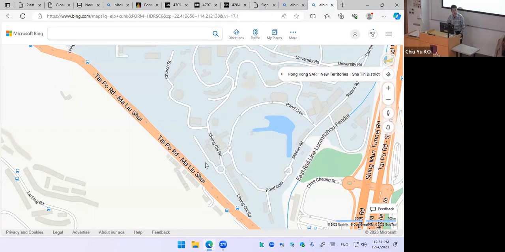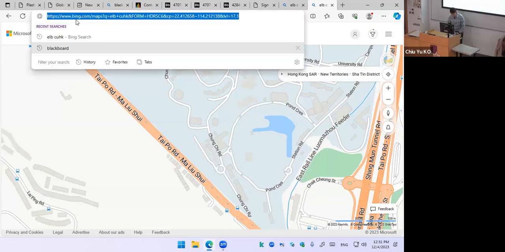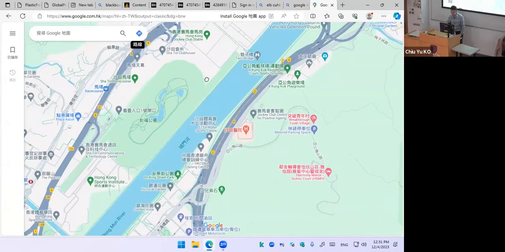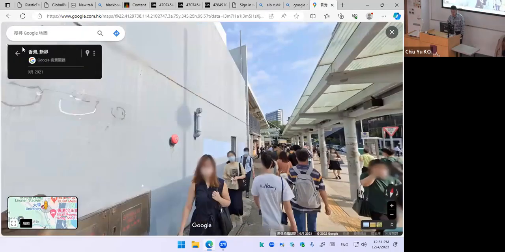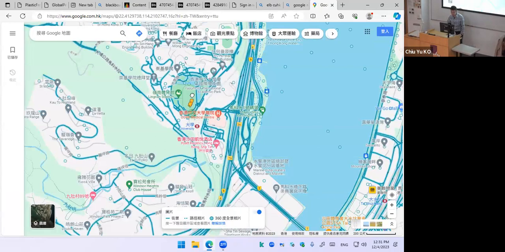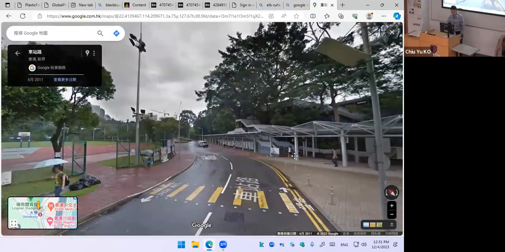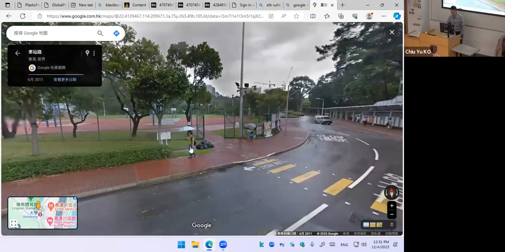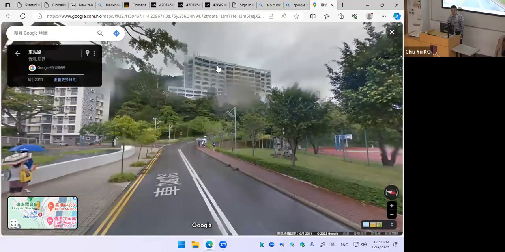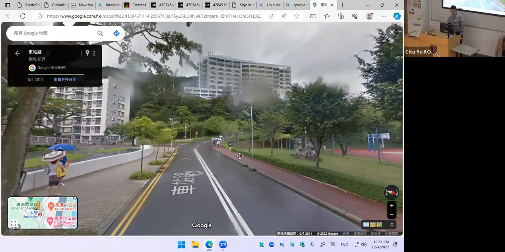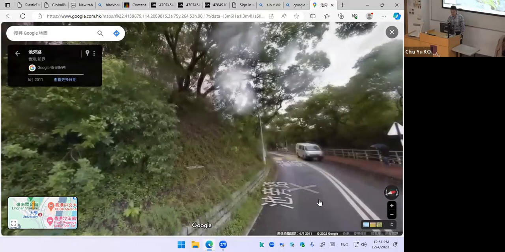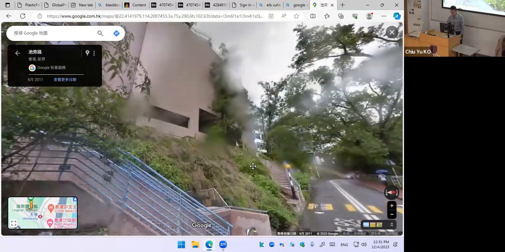The building is ELB. So you come from the station, keep your left, go up, go up, go up, and go this one up. So that would be the ELB.